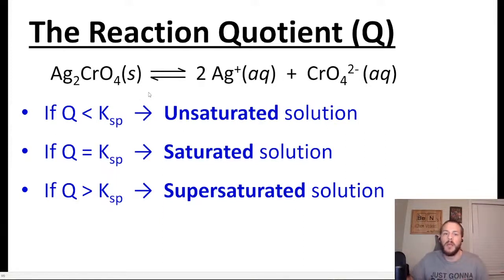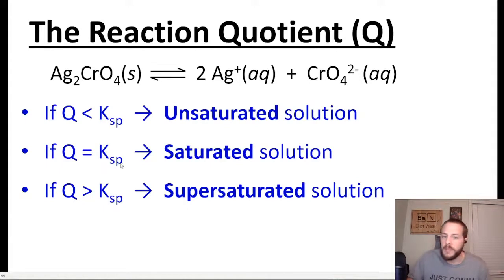So that reaction, in this case, will shift more toward products, and any remaining solid silver chromate would be dissolved up until the point where equilibrium is established. Now, if there is no more silver chromate present, then the solution will just remain as is, and those ions will remain dissolved. But it technically could have more silver chromate added to it, and that silver chromate would dissolve to form silver and chromate ions. That's a situation in which Q is less than KSP.